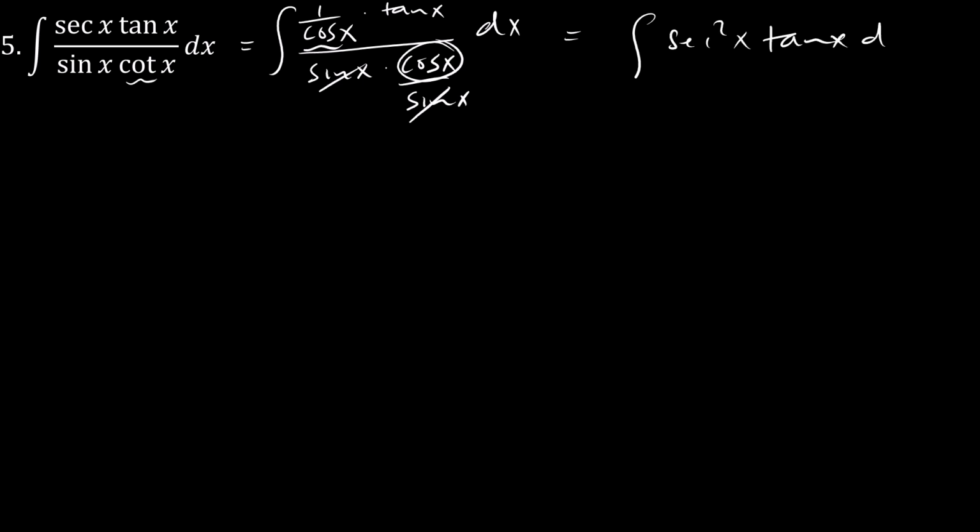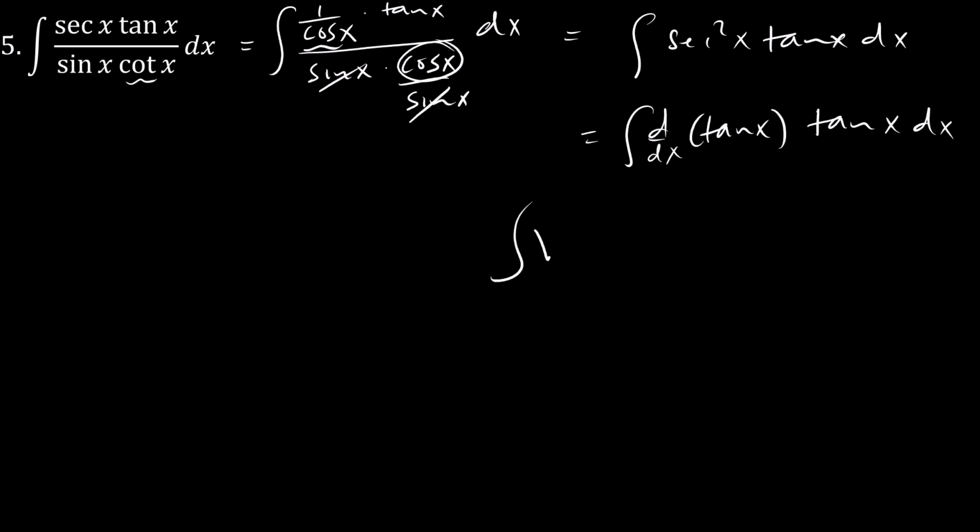Sec squared x tangent of x. And we know that sec squared of x is the same as the derivative of tangent of x. And we can use integration by parts, where if you have a product of a function v and the derivative of a function u, and you integrate it, you have uv minus the integral of u times the derivative of v.